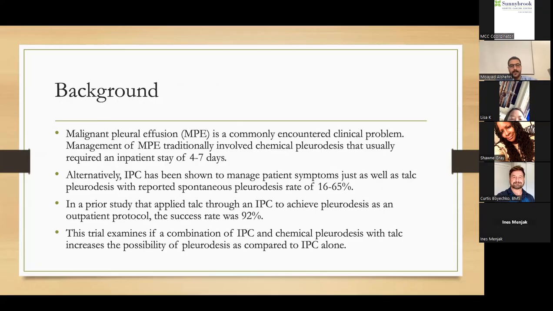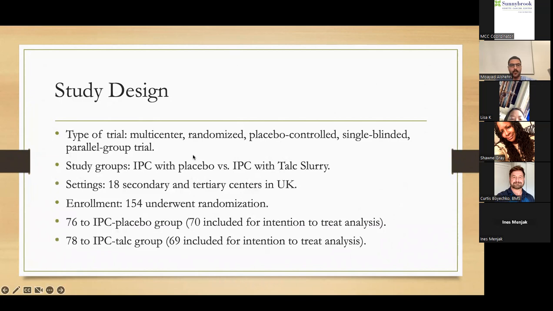The trial examines if a combination of IPC and chemical pleurodesis with talc increases the probability of pleurodesis as compared to IPC alone. The trial design is a multi-center, randomized, placebo-controlled, single-blinded parallel group trial. They have two groups: IPC-Plus, which is talc, versus IPC alone, which is with placebo.